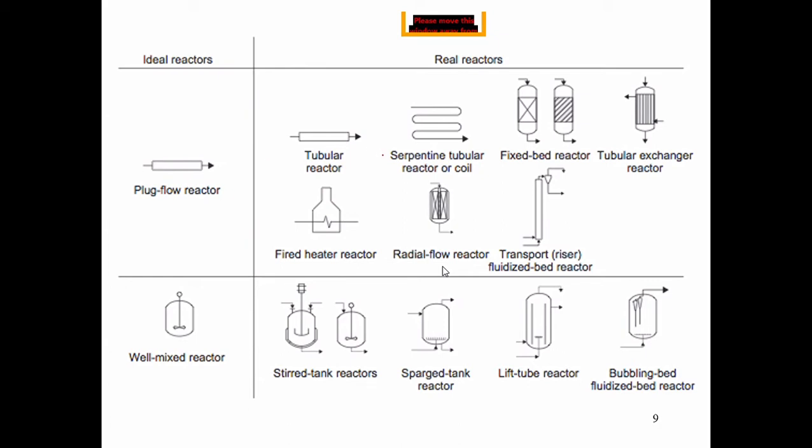So it's either batch, continuous, or plug flow. For a batch, there is no flow in and flow out. And then the concentration depends on time for a batch reactor.